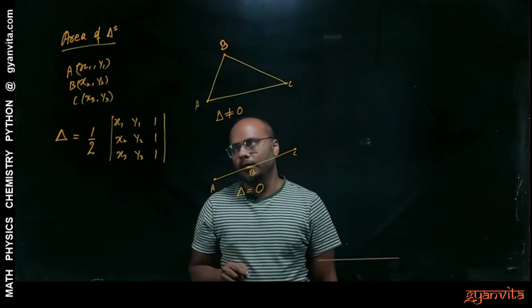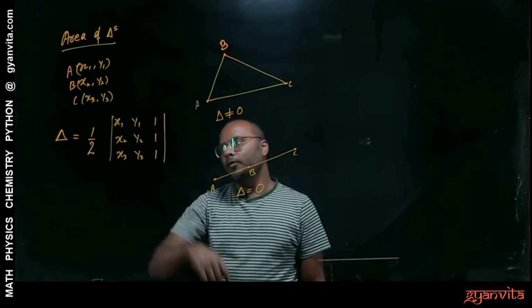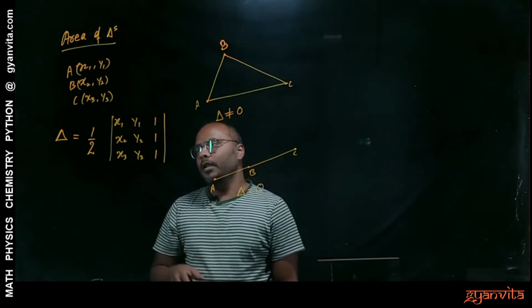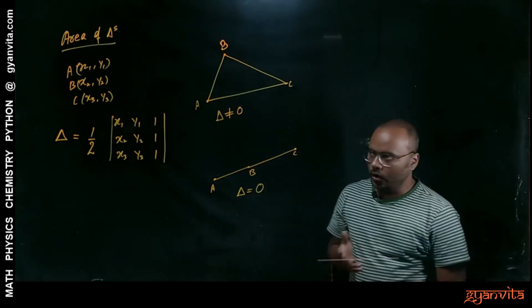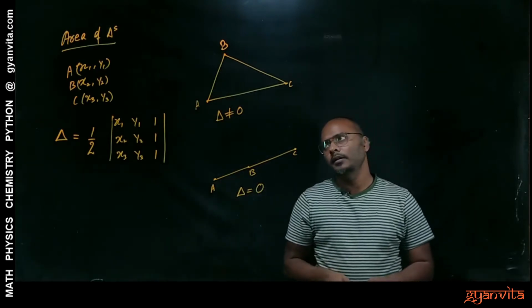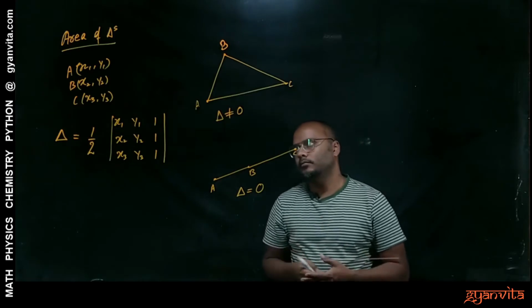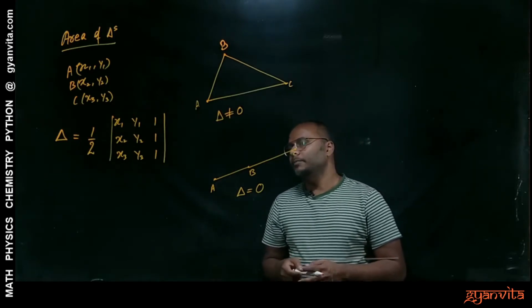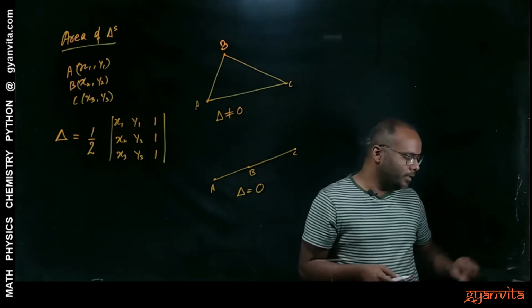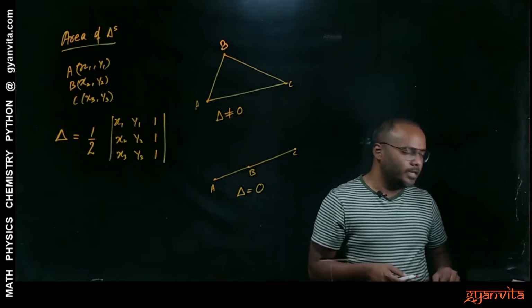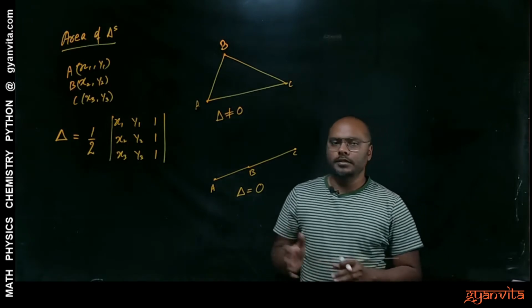Area won't be negative. So if you are getting a negative value, even in that case, you will have to take the modulus, that is the absolute value of this. Even if you are getting a negative value, you will have to take only the magnitude, that is, the positive value, right?